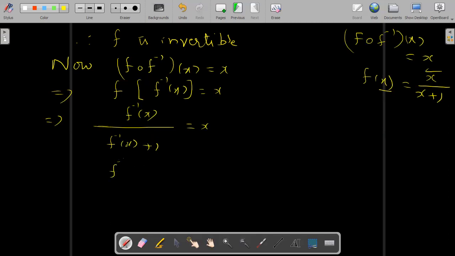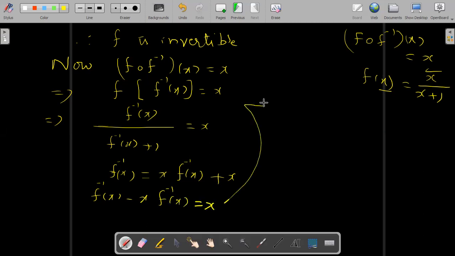So f inverse x is equal to, cross multiply, you get x into f inverse x plus x. If you transpose f inverse x to the left hand side, minus x into f inverse x is equal to x, or f inverse x is common.